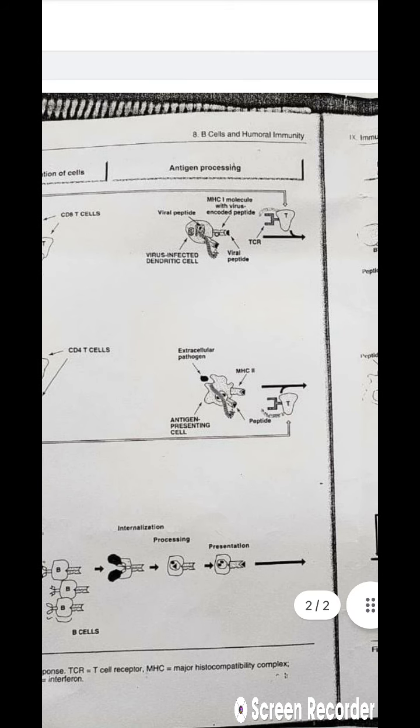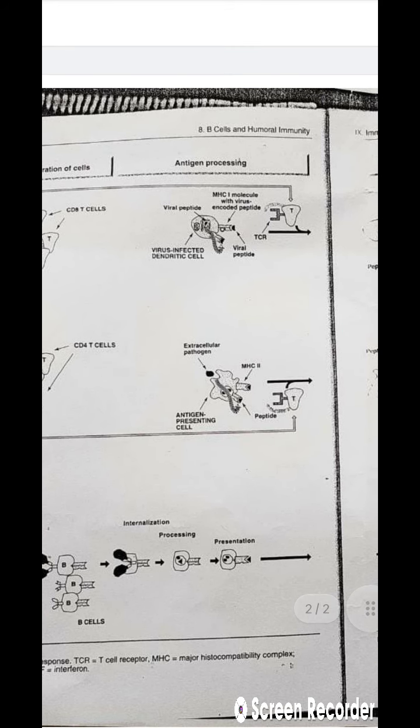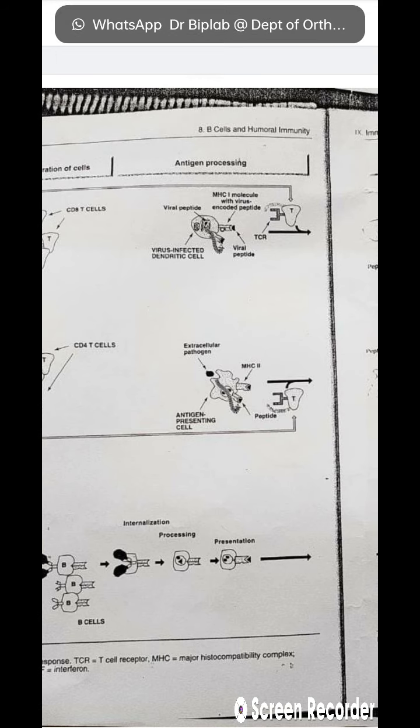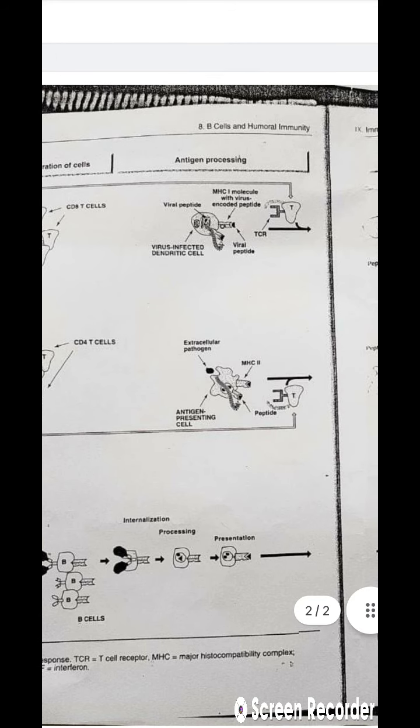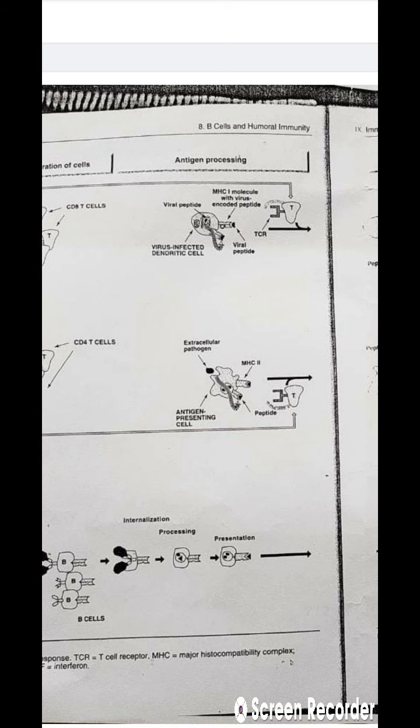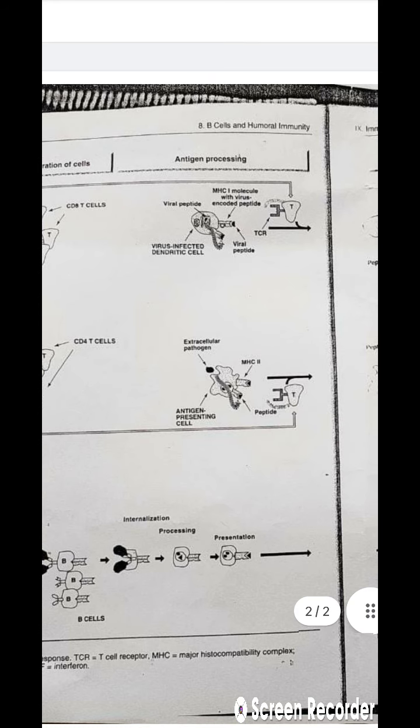Okay, and this extracellular pathogen is usually engulfed by macrophages or dendritic cells, which are antigen presenting cells. So the antigen presenting cell, the macrophage, engulfs the bacteria, processes it inside, and presents these antigenic fragments of the bacteria with the help of the MHC2 molecule.